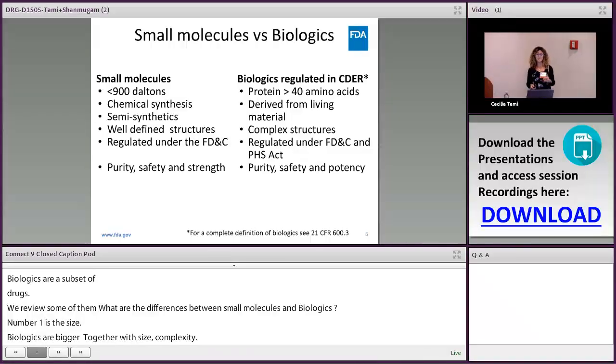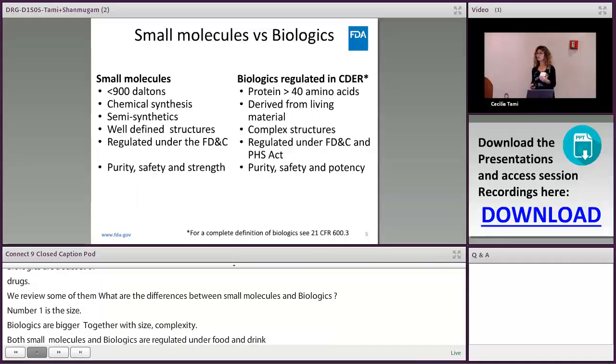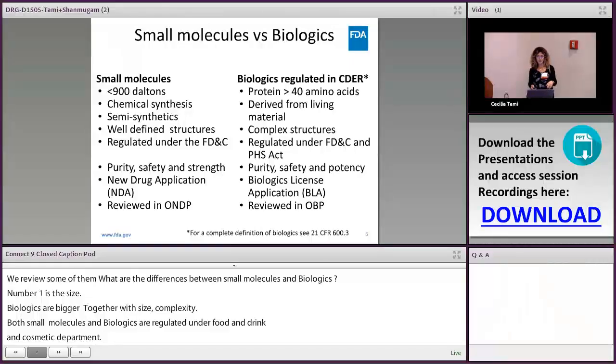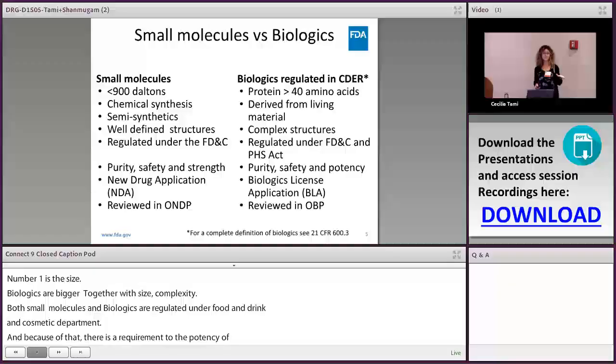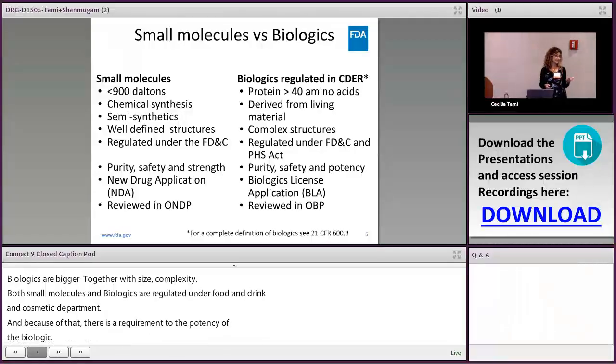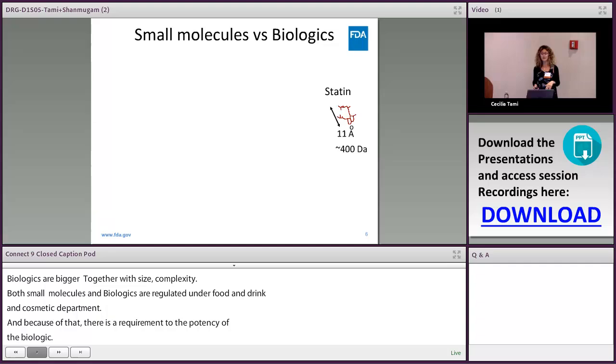Because of that, there is a requirement to demonstrate potency of a biologic, while for a small molecule, you need to demonstrate strength in addition to purity and safety. Small molecules are reviewed at ONDP, and those biologics at CDER are reviewed, most of them, at OBP.